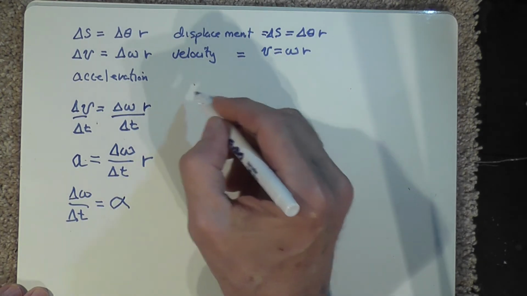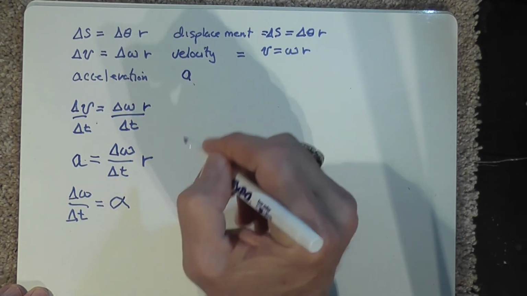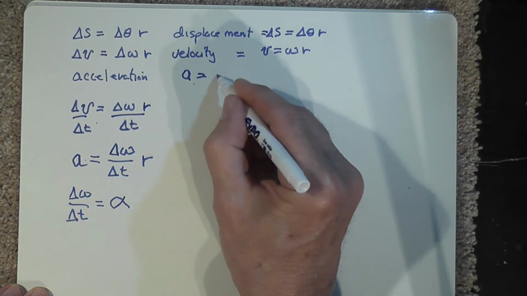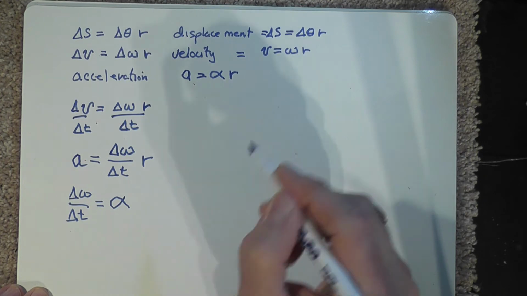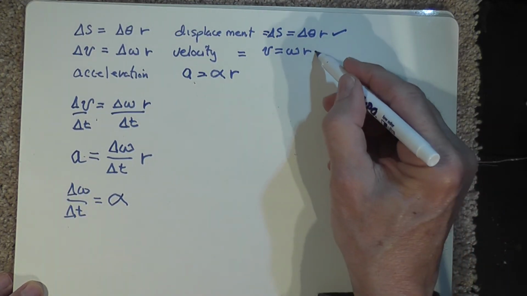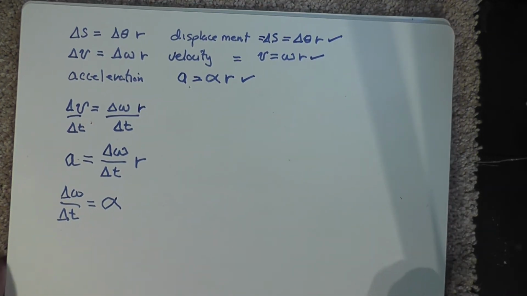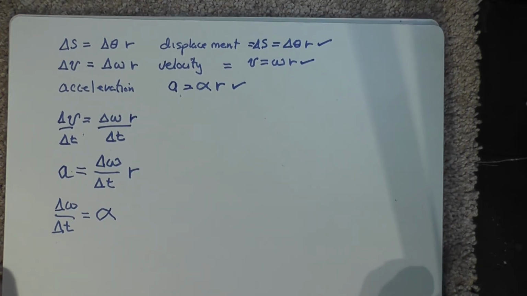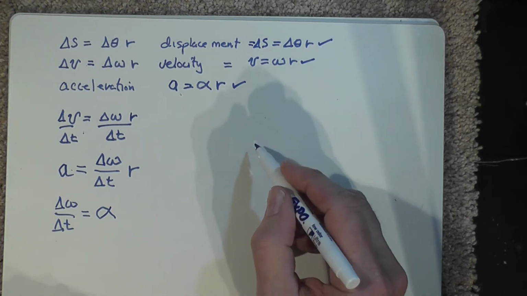So we can put over here that acceleration is equal to the angular acceleration times r. So here we have our three conversion equations. And let's just talk about translational velocity and acceleration a little bit, and tangential acceleration and velocity.